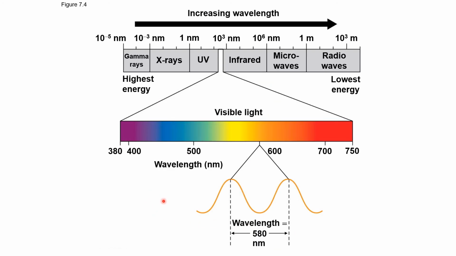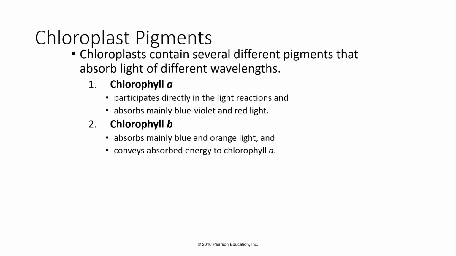Now we said light travels in a wave-like format, and if we look at this electromagnetic spectrum, which is the wavelength of the visible light, we have all of the rainbow colors. As you can see, we've got the blues and the yellows and the oranges and the reds. The pigment mostly found in plants is the chlorophyll pigment, which is a green colored pigment.